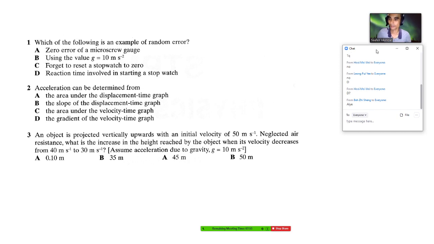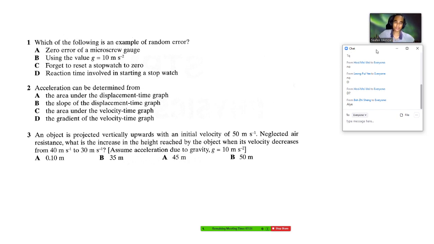I don't understand, sir. Systematic error, remember what is systematic error? Systematic error is the error because of the apparatus itself, or the measurement itself.